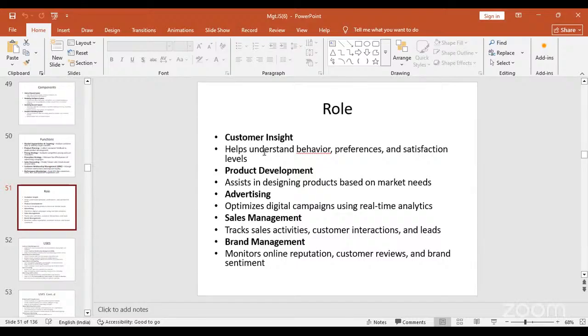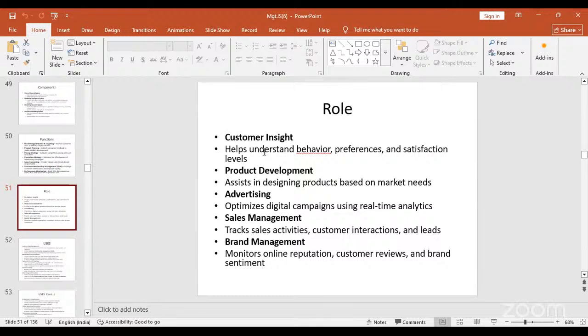The marketing IS collects the data from the customers, and it helps business executives understand the behavior of the customers from their database, and provides information regarding customer preference, which product they want more, which product they want less. From their feedback, they will think about the product. Then the customer satisfaction level can be managed. That is the role of the MKIS.